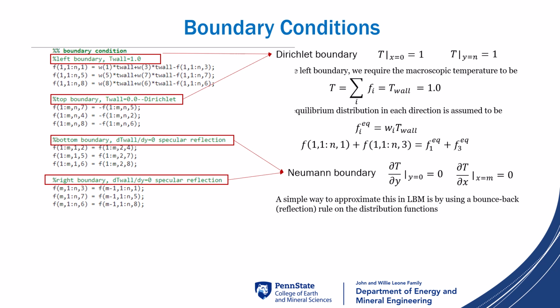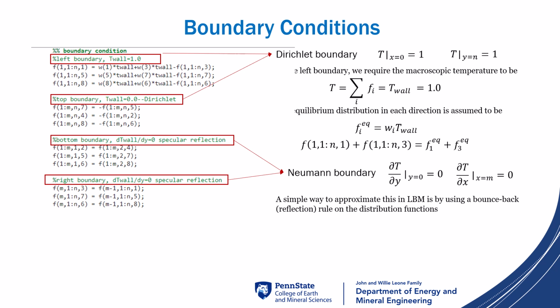At the bottom boundary, for example, the incoming value in direction 2 is taken from the outgoing value in direction 4 in the cell directly above. On the right boundary, the incoming value in direction 3 is taken from the outgoing value in direction 1 from the cell directly to the left.